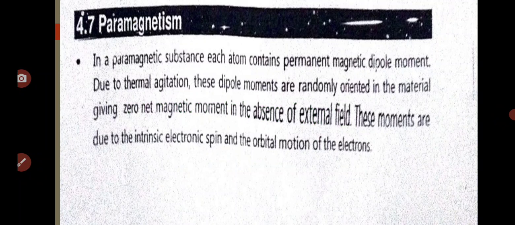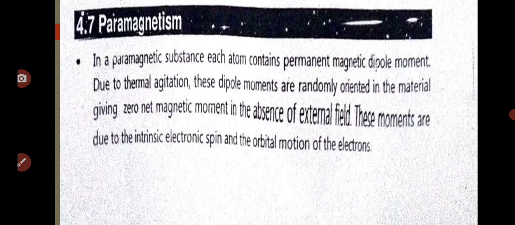Okay, in this chapter we want to see the next point, which is paramagnetism. In a paramagnetic substance, each atom contains a permanent magnetic dipole moment. Due to thermal agitation, these dipole moments are randomly oriented in the material, giving zero net magnetic moment in the absence of the external field. These moments are due to the intrinsic electronic spin and the orbital motion of the electron.